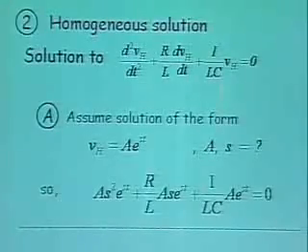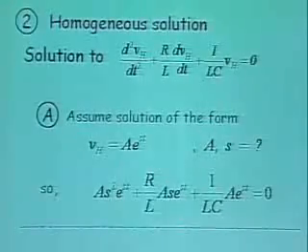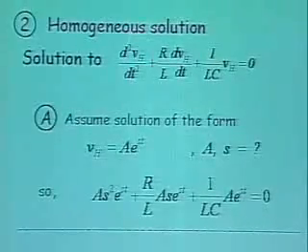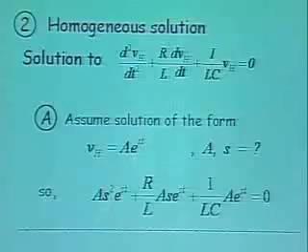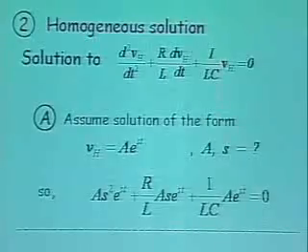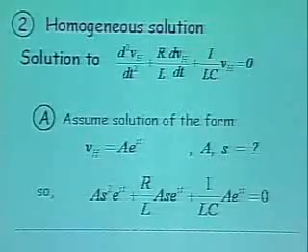So I'm going to stick A e to the st into this differential equation, and A comes out here. Differentiate this twice, I get s squared down here, and this simply gets stuck in down here with the 1 by LC coefficient.